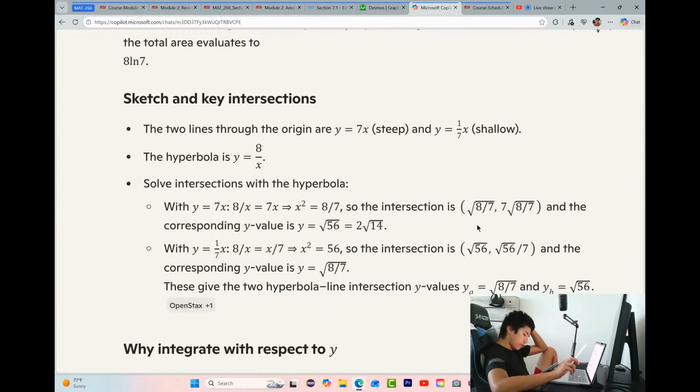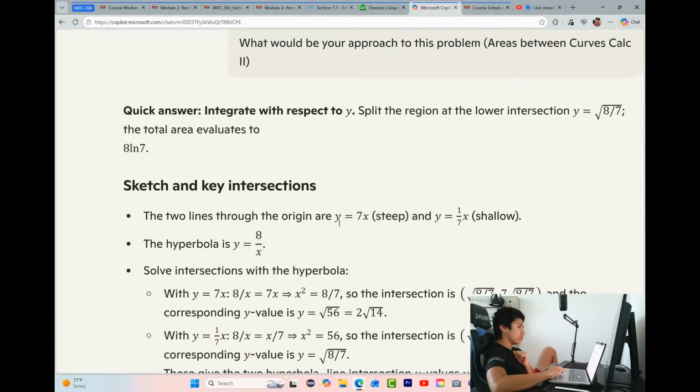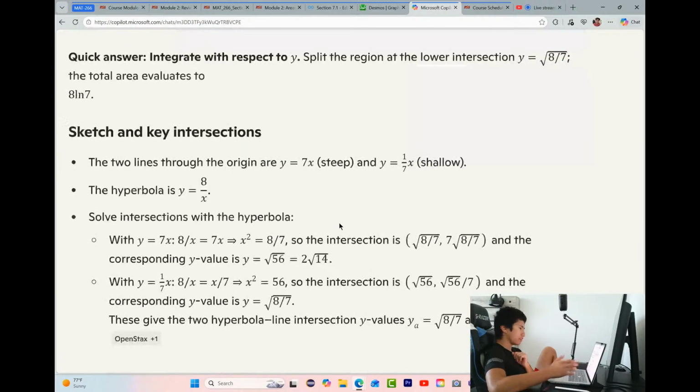And the corresponding y value is y equals square root of 56. Where in the world did we get there? How do we come from this to that? What am I missing? I'm always missing something.